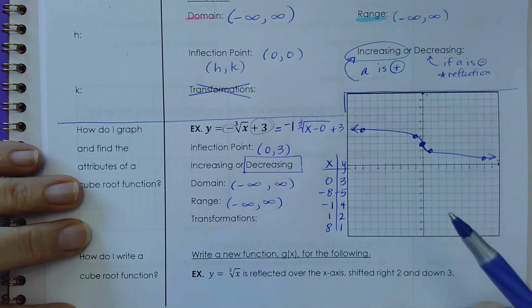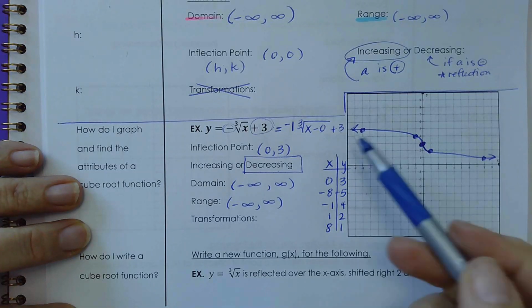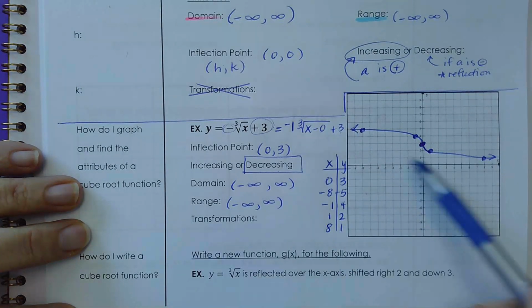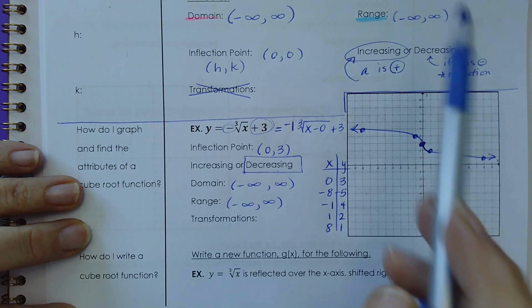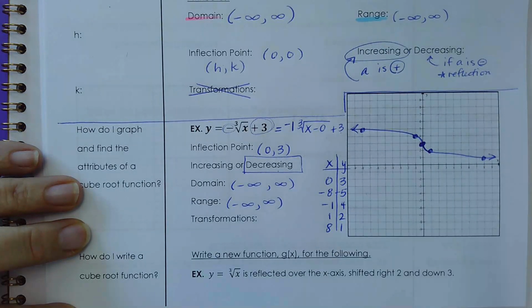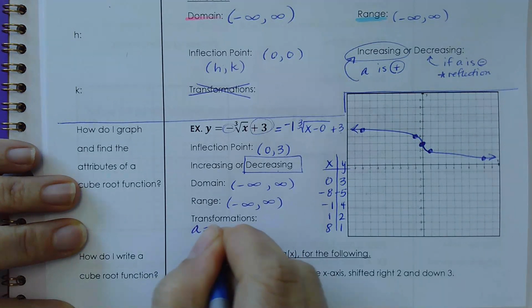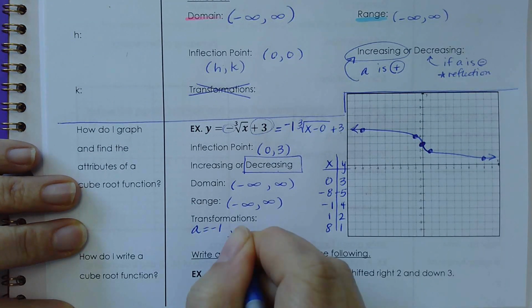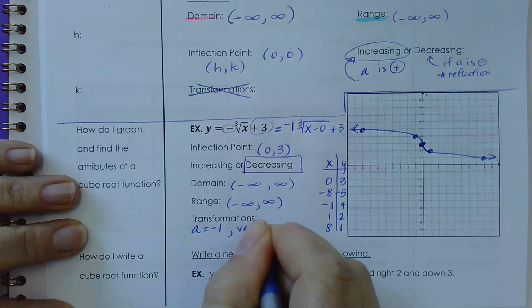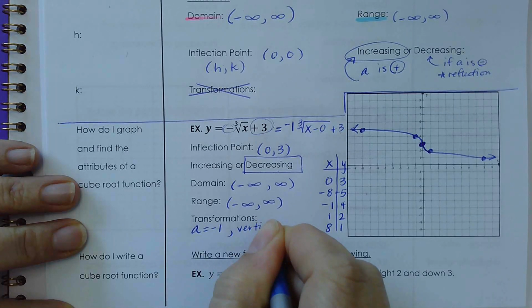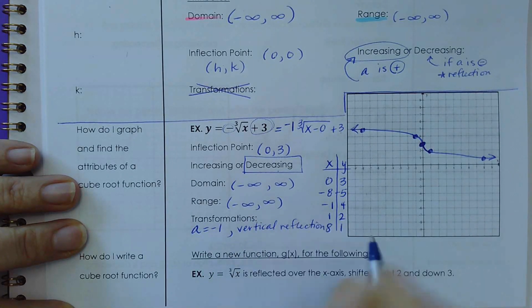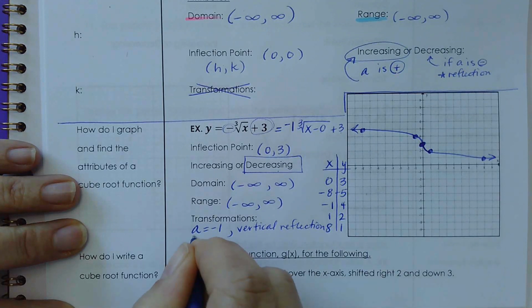Give a description using math vocabulary of how this is different from the parent. So when I come to negative 1, H is 0.